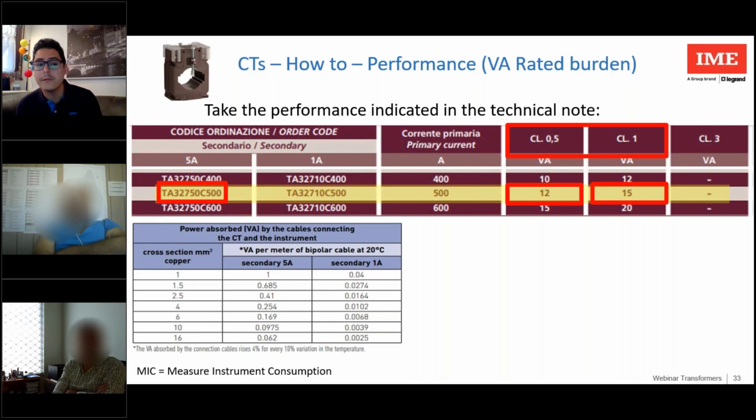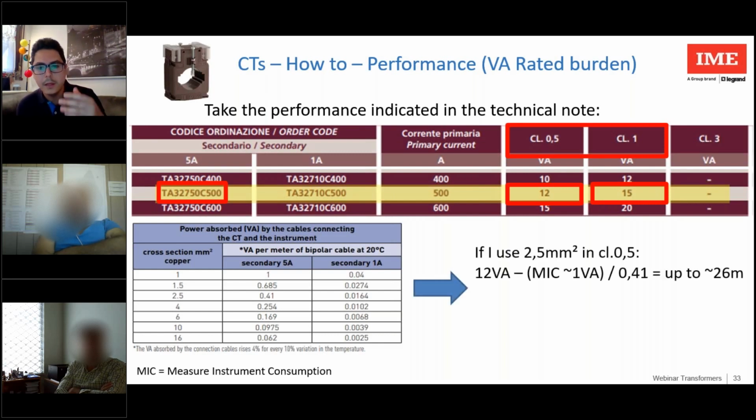As indicated, I have different cross-sections for the connection from the instrument to the current transformer. I take, for example, a 2.5 square millimeter in class 0.5. So 12 volt amps.